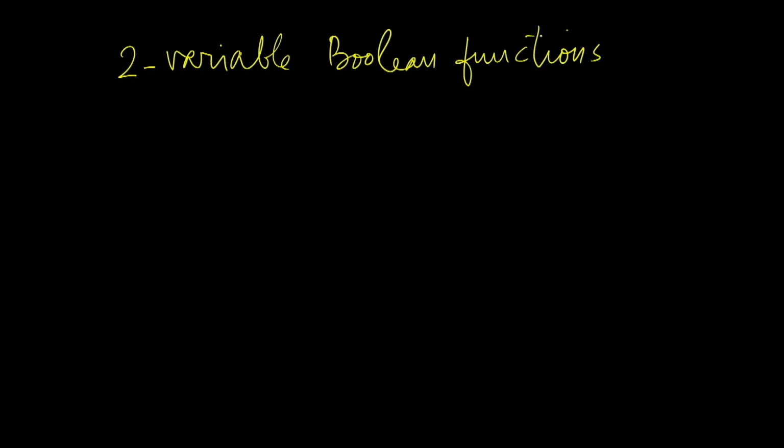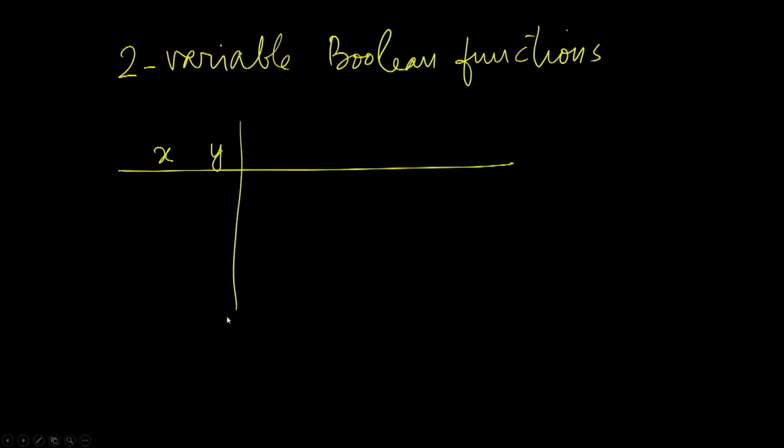How many 2 variable Boolean functions could there be? Let us say x and y are the inputs to our 2 variable Boolean functions. Since there are 2 Boolean inputs, the possible inputs are 0 0, 0 1, 1 0 and 1 1. So, these 4 form the set of all possible inputs. Now, what could the output be?